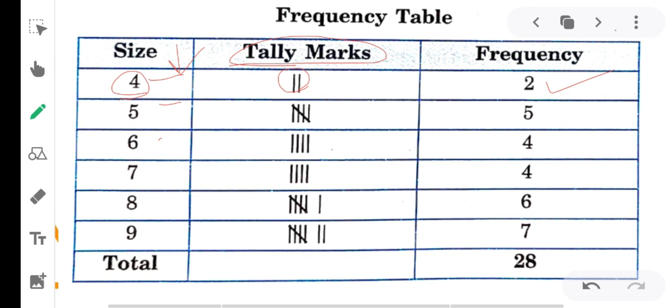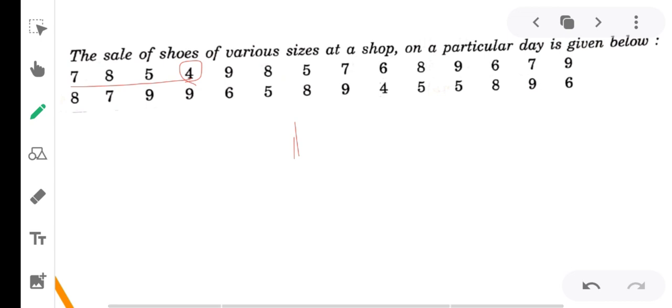Clear? Next, 5. Let us find the observation 5. So here is a 5. Now put a mark here. Then again we have 5, so the second bar. Then we have 5 here, so this is the third bar. Then here we have the fourth 5, and at last we have another 5.